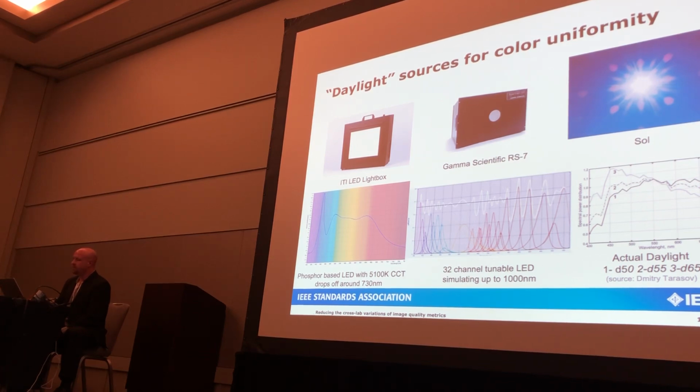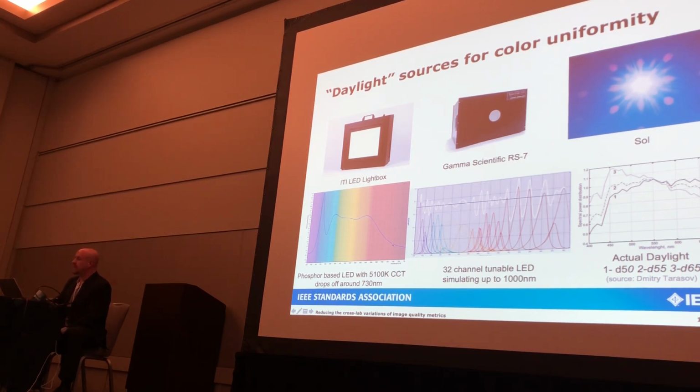The first was a phosphor-based LED with a 5100 Kelvin color temperature. And you can see by the spectrum of this drops off mostly around 730 nanometers. Does not have any significant infrared content. And then we used an integrating sphere with a tunable LED, which has actually 32 different channels of LED, which combines together.